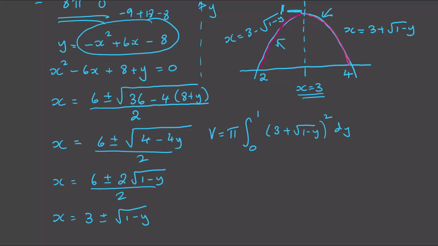That will give us the volume for the outside rotated around the y. And then we'll take away pi times the integral from 0 to 1 of 3 minus root 1 minus y, squared dy.